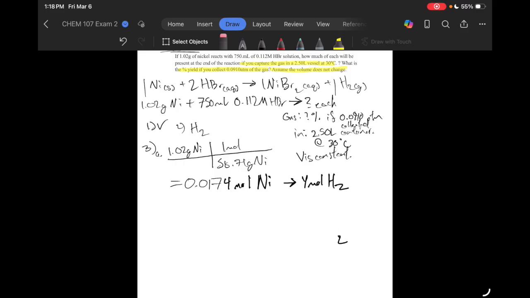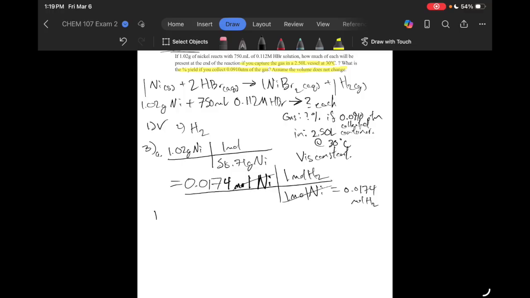Simply stated, this number right here, 0.0174, we're going to multiply by our conversion factor of 1 mole of H2 over 1 mole of nickel. 0.0174 times 1 is 0.0174, divided by 1 is 0.0174. So the 1 mole of nickel cancels out with the moles of nickel. That's going to give us moles of H2. This is how much gets produced from nickel.